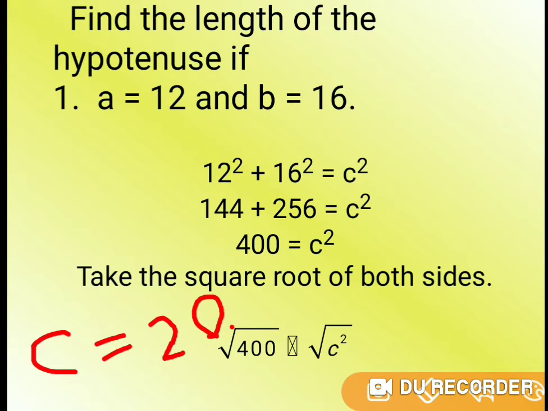So in this question, the lengths of the perpendicular sides were given, and we calculated the length of the hypotenuse. The lengths of the perpendicular sides were considered as a and b, and the length of the hypotenuse is considered as c. After using the Pythagoras theorem, we found that the length of the hypotenuse is 20.